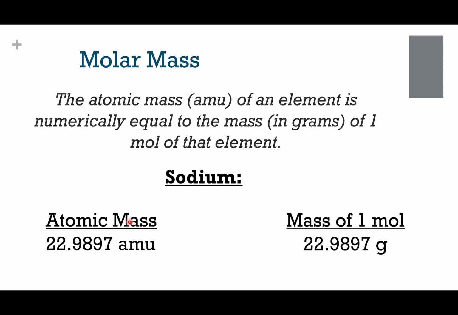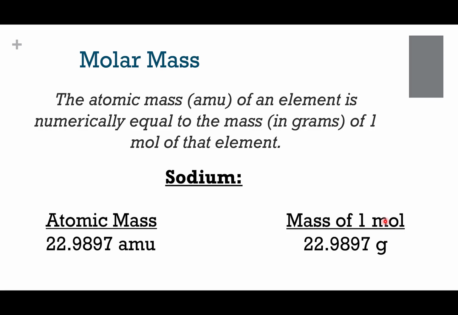That number, the atomic mass, is equal to the mass of 1 mole of that substance. So I walk over to my scale, I weigh out 22.9897 grams of sodium. I have weighed out 1 mole of sodium.